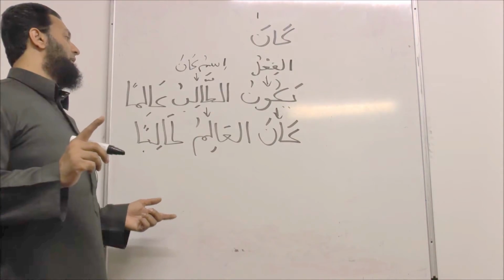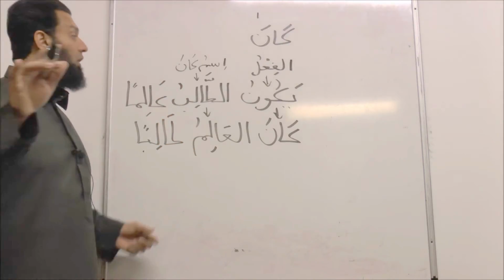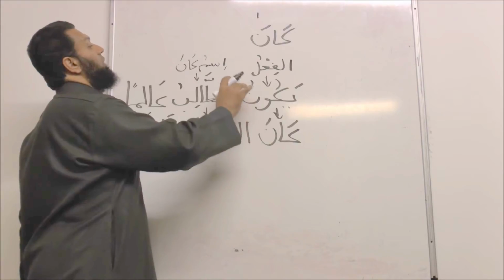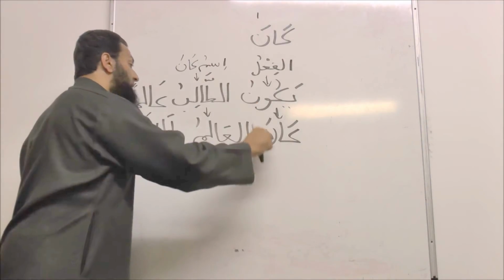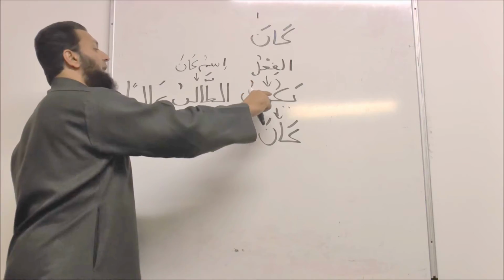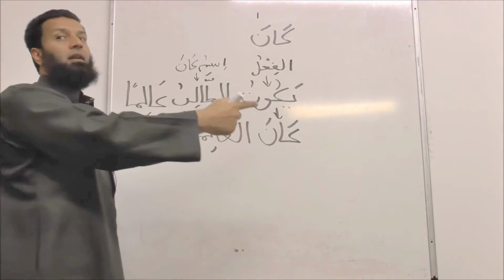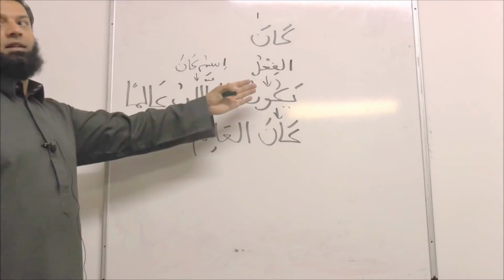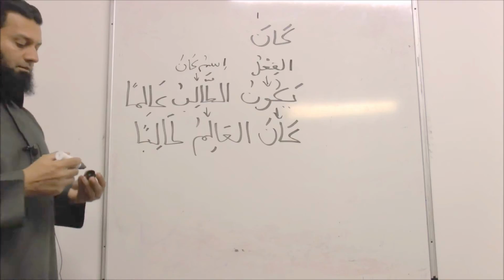So this is similar, therefore, to al-jumlatul fi'liyatu, in the sense that al-jumlatul fi'liya tabda'u bil-fi'li, it begins with a verb, just like Kaana. This sentence with Kaana is a jumlatul fi'liya because it begins with Kaana.